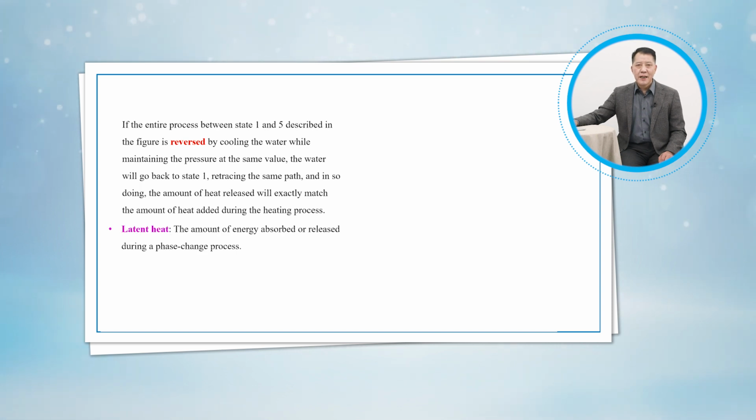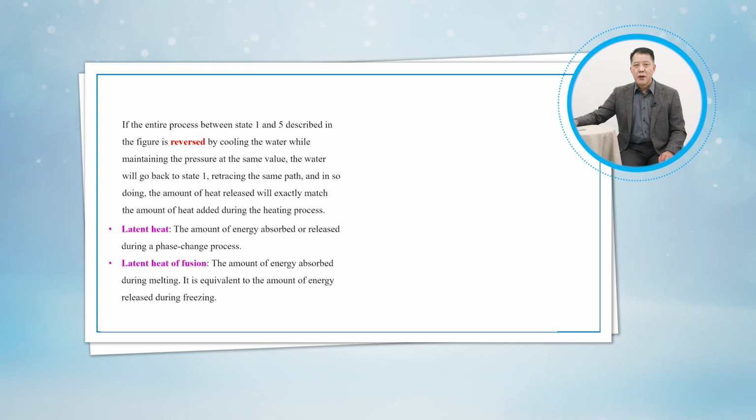It takes a large amount of energy to melt a solid or vaporize a liquid. The amount of energy absorbed or released during a phase change process is called the latent heat. More specifically, the amount of energy absorbed during melting is called the latent heat of fusion and is equivalent to the amount of energy released during freezing.